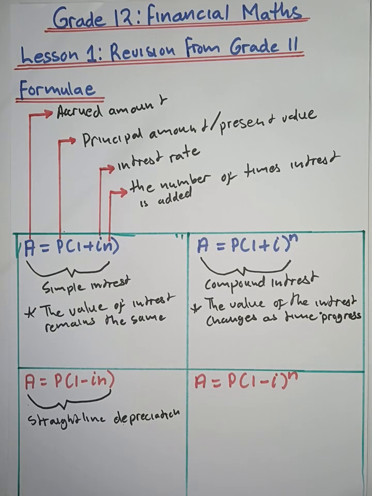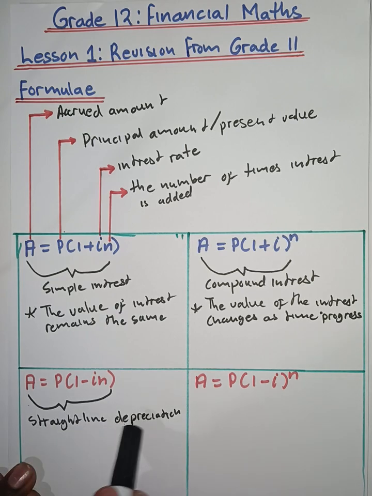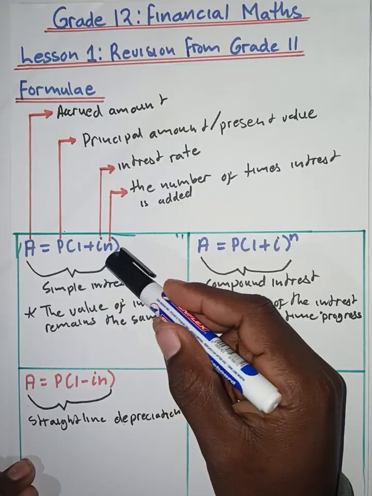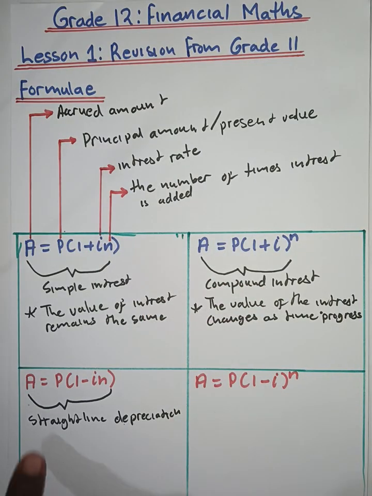But now the thing about the straight line depreciation is that it works similarly to the simple interest formula. The value that your asset drops by every year will remain the same.